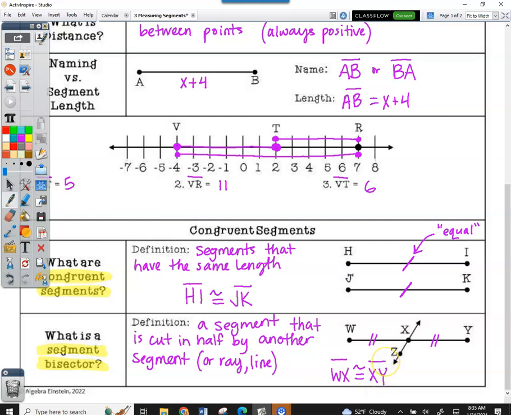The one doing the bisecting is line XZ. So technically, line XZ is the segment bisector of WY, cutting it into two equal parts, showing that WX is congruent to XY.